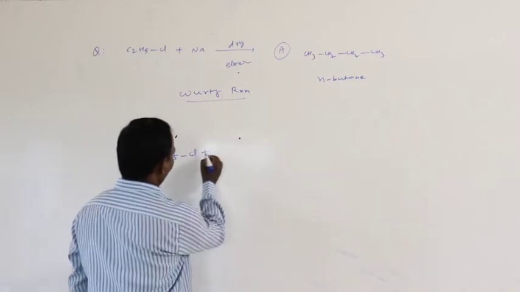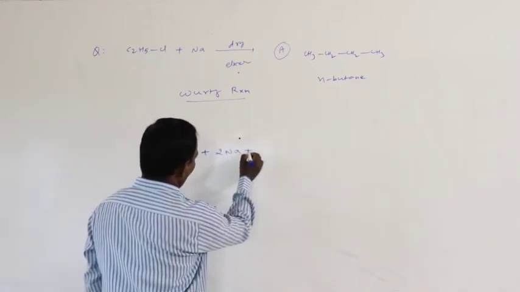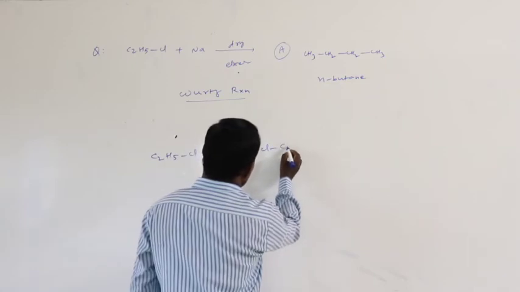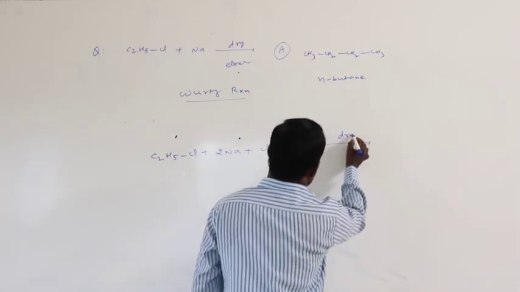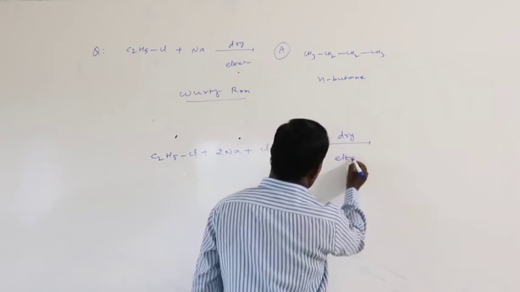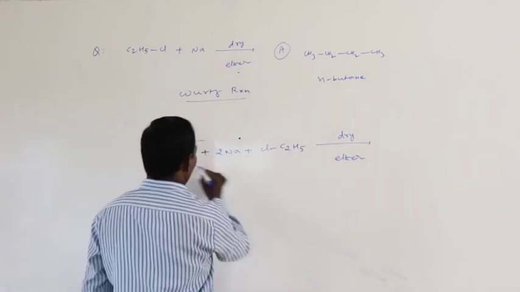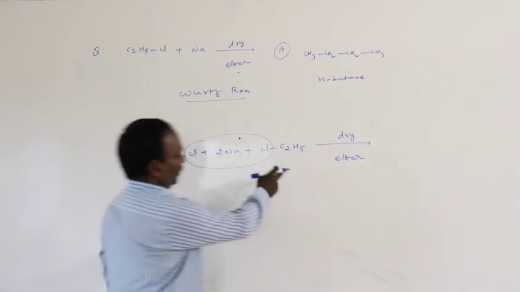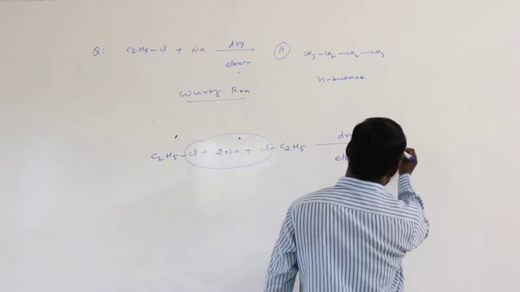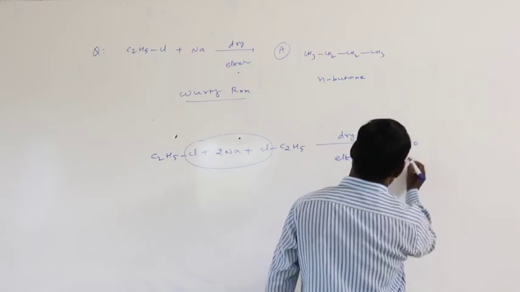Ethyl chloride on treatment with sodium metal, C2H5Cl in the presence of dry ether, with removal of sodium chloride, C2H5 and C2H5 together become C4H10.